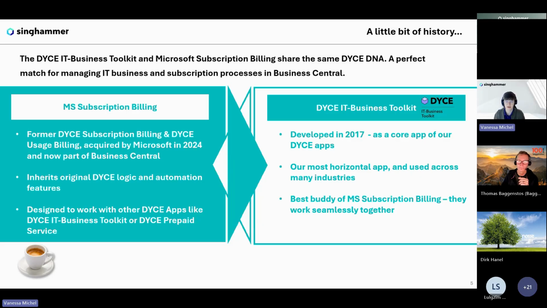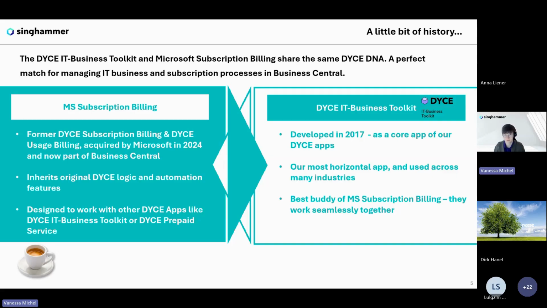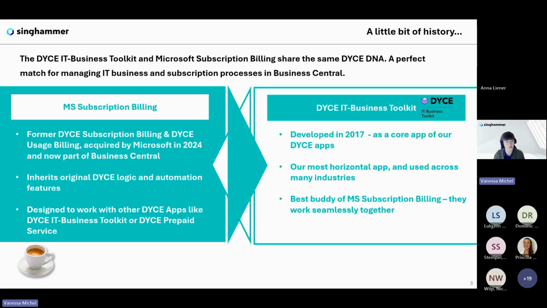Although it's called IT Business Toolkit, maybe this will change, it's really not just for IT businesses, because it's helper functions and usability, just making things work more smoothly in Business Central. So it can be used across other industries. And as I said, it's the best buddy for Microsoft subscription billing, because we worked on the compatibility between all our apps. And this is what I'm going to show you today.